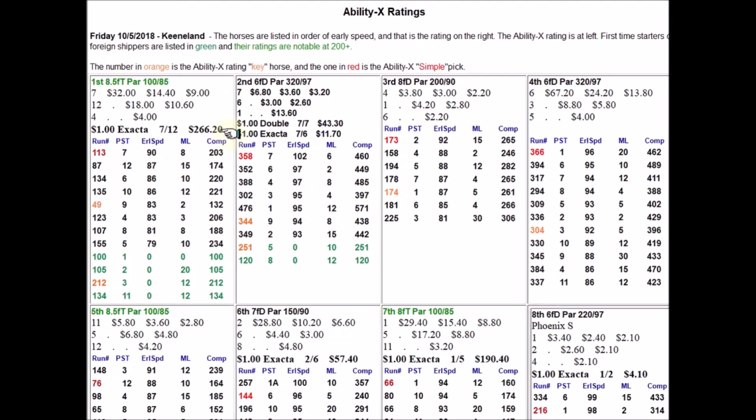Those two combined for a $1 exacta that paid $266.20. And then in the second race, the simple pick wins that one also, 6-1 morning line, bet down to 2-1, close to 5-2.